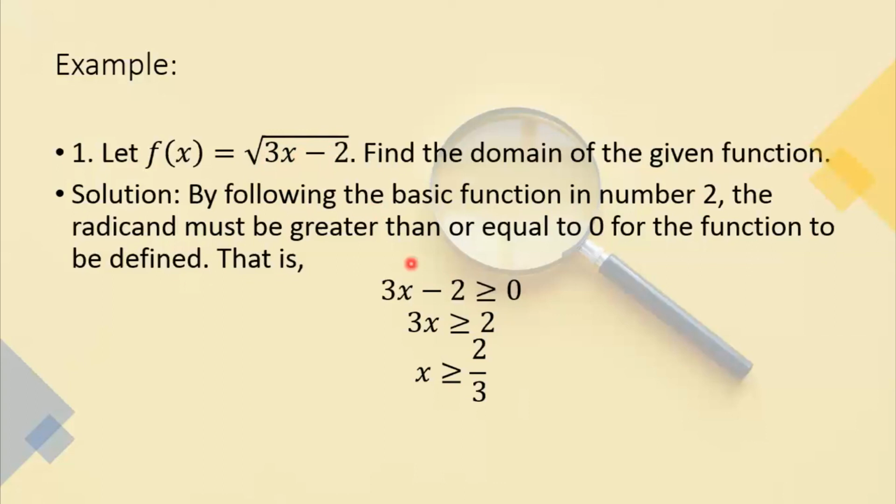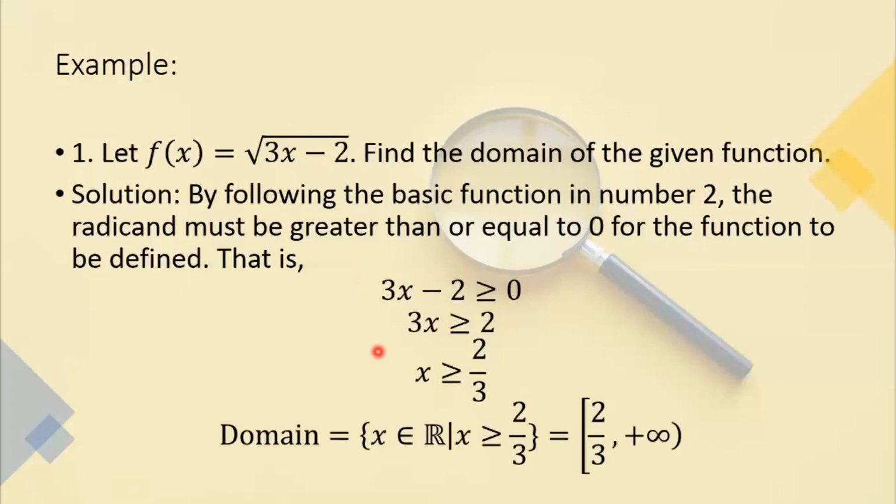It's defined. But how about if x is not in the domain? For example, if x is equal to 0, this will be 3 times 0 minus 2. So we have the square root of negative 2, which is not a real number. That's why it's very important to know how to find the domain of the given function.